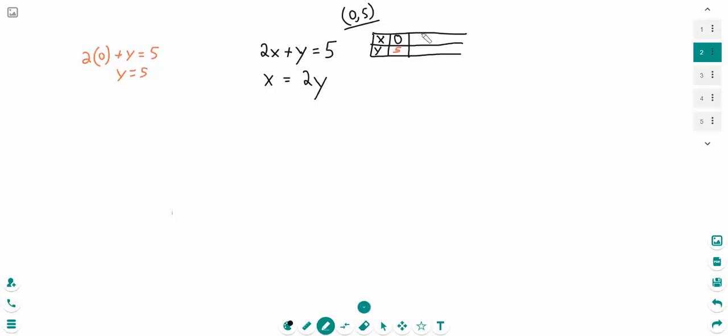But I could find infinite solutions here. I could plug in a 1 if I wanted to and simply replace the 0 with a 1. And I have 2 times 1 is 2, so I end up with 2 plus y equals 5. I subtract the 2 from both sides, and I end up with y is equal to 3. So now we know y is equal to 3, and 1, 3 is another solution to this equation.